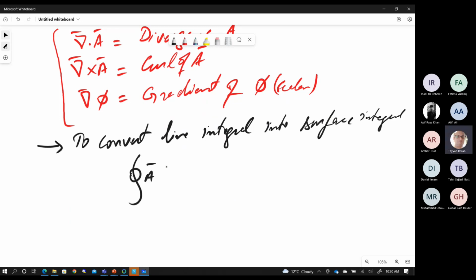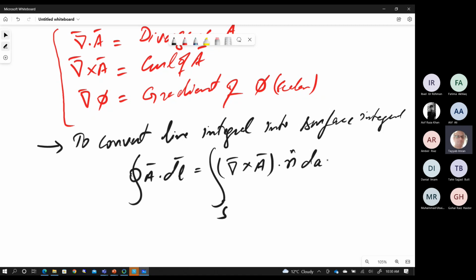If you have any vector A, and it has to be equal to the surface integral of curl A dot n dA.